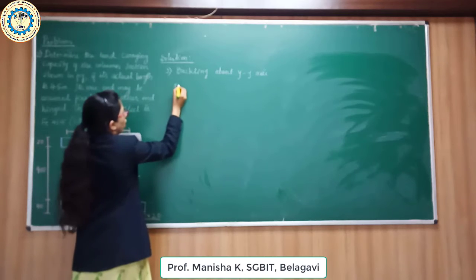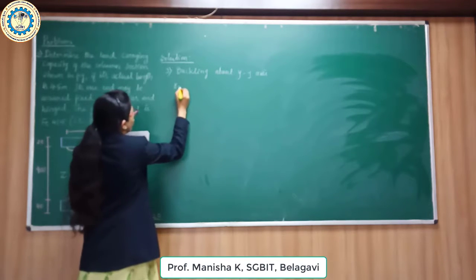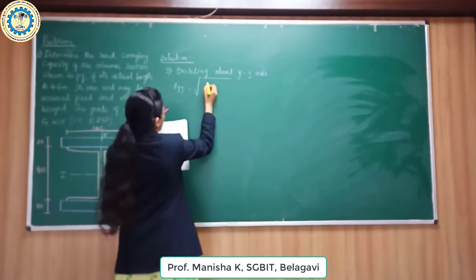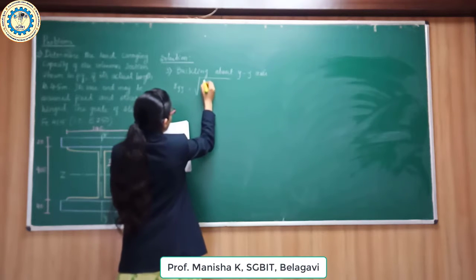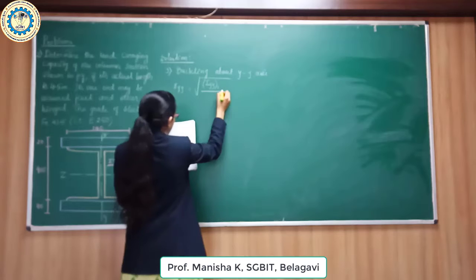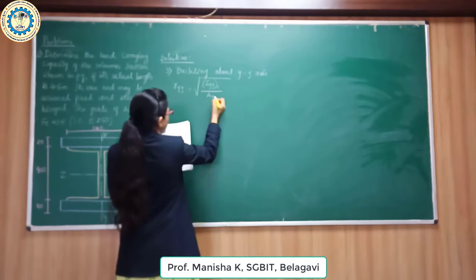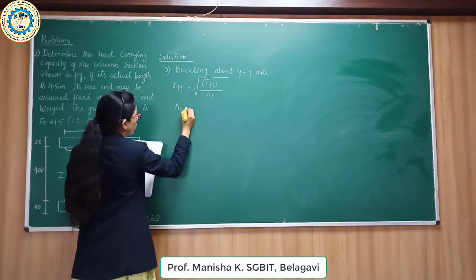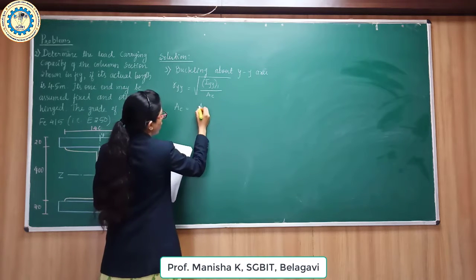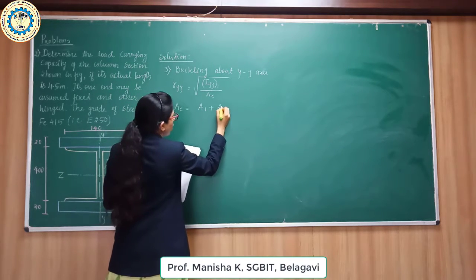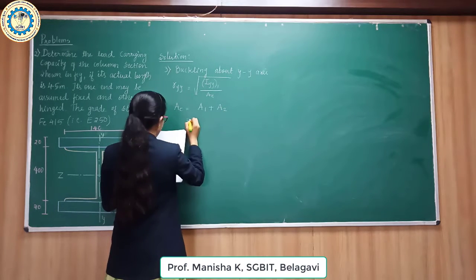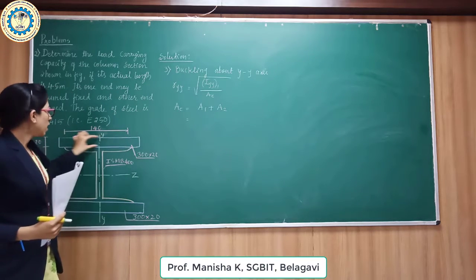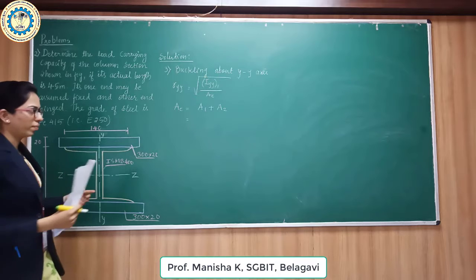Now, R of YY is equals square root of I of YY of 1 divided by A of E. Now, to calculate this A of E, the total area of ISMB 400 and A2 means the total area of these two plates.